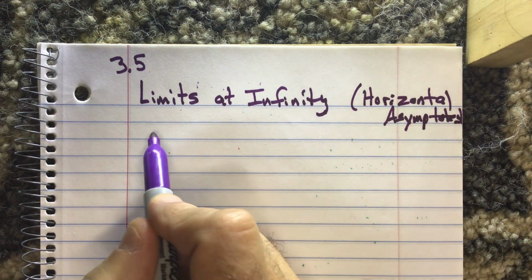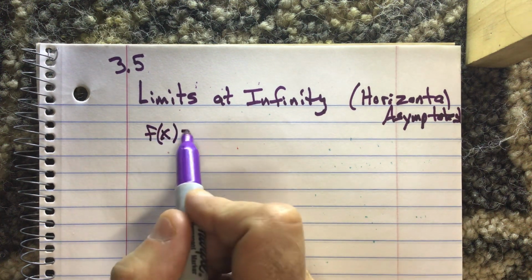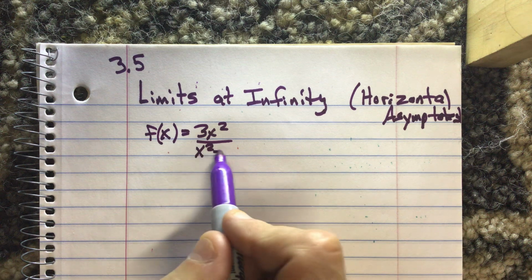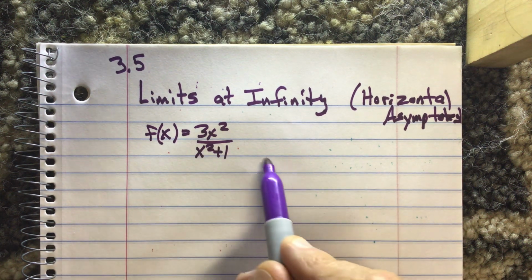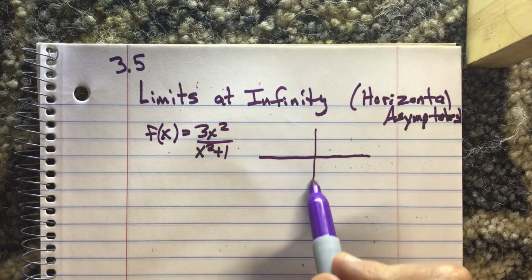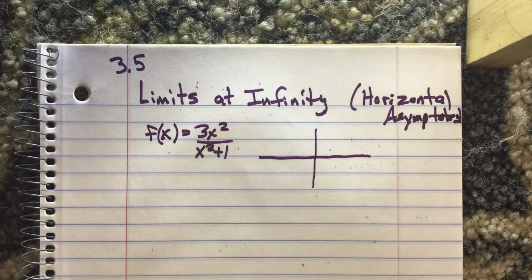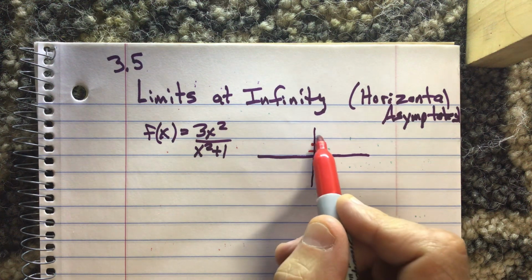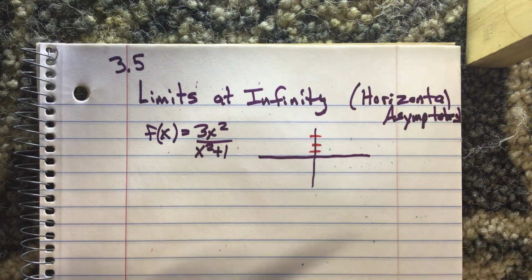So, for example, f of x equals 3x squared over x squared plus 1. If you were to graph that, you would see that you have a horizontal asymptote at 3.